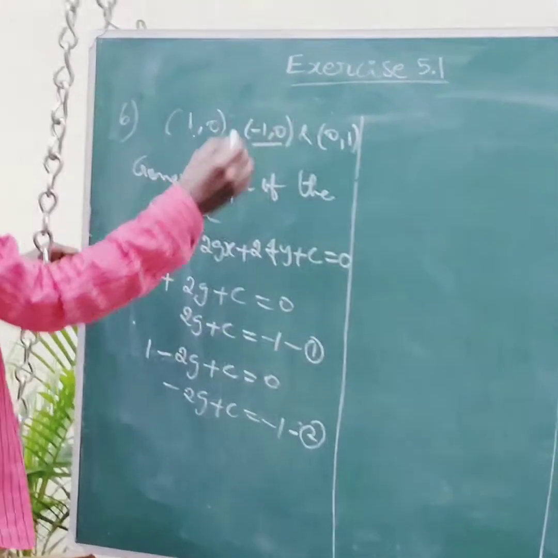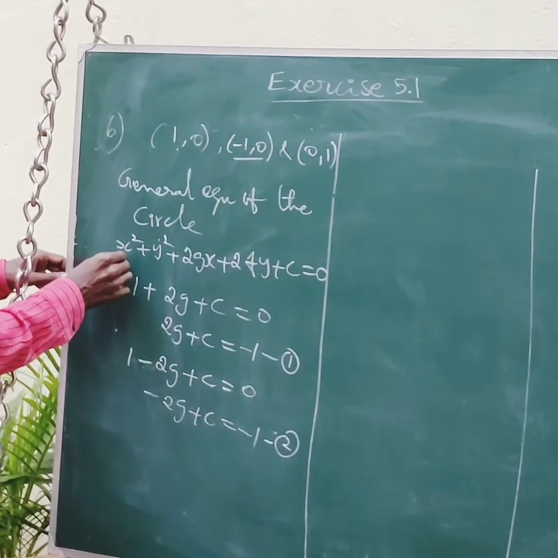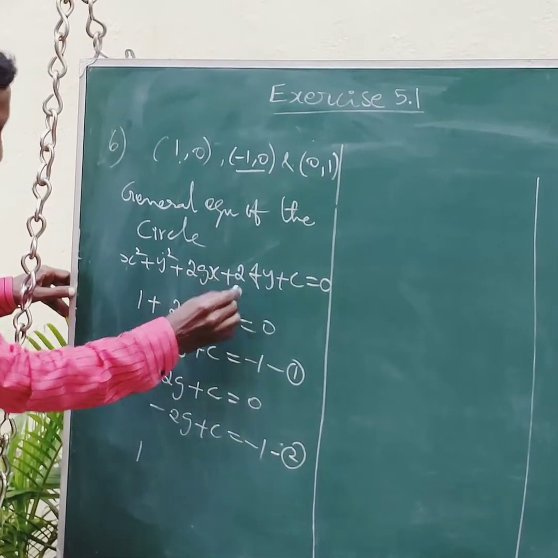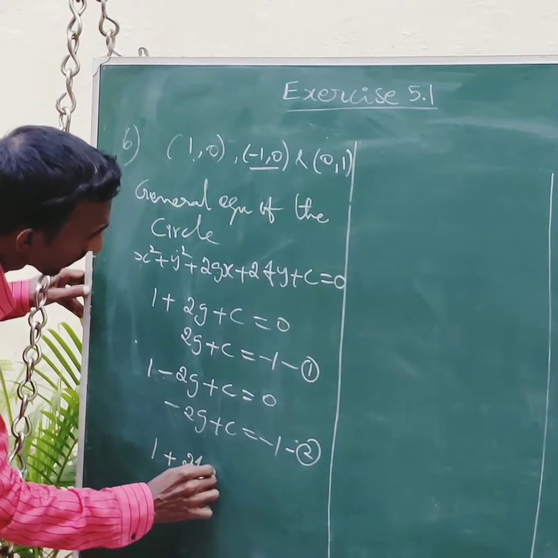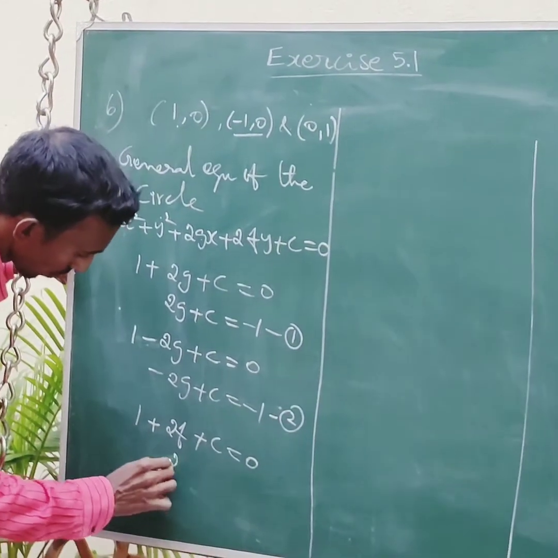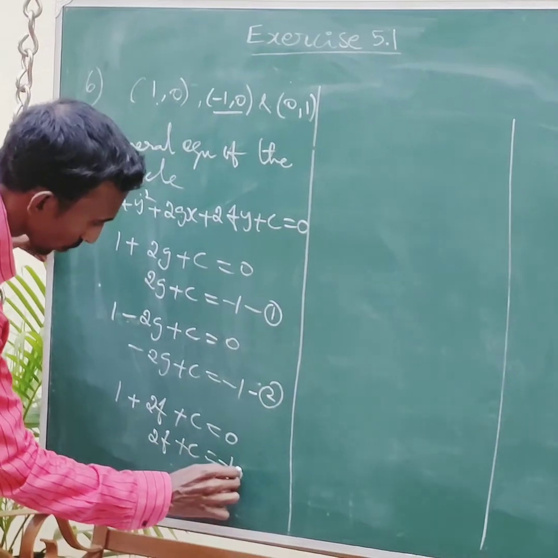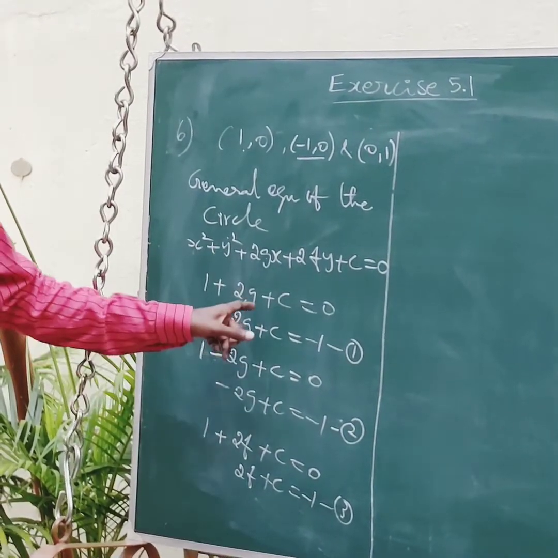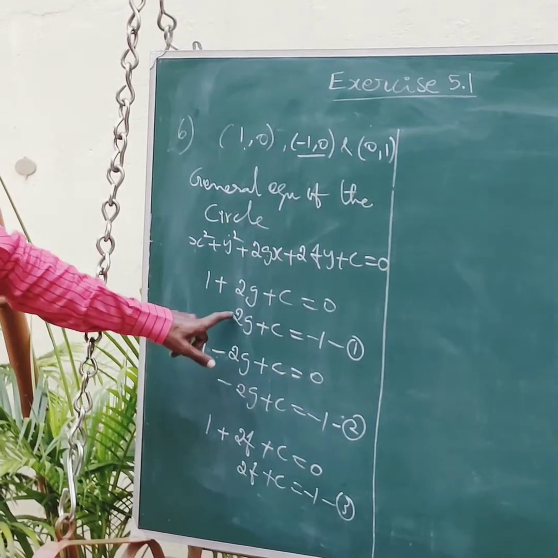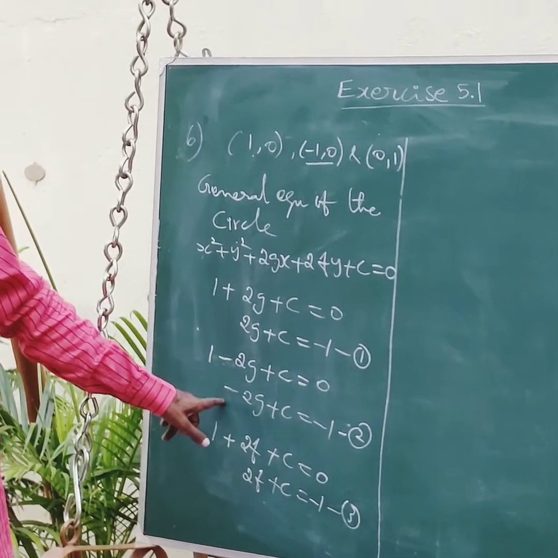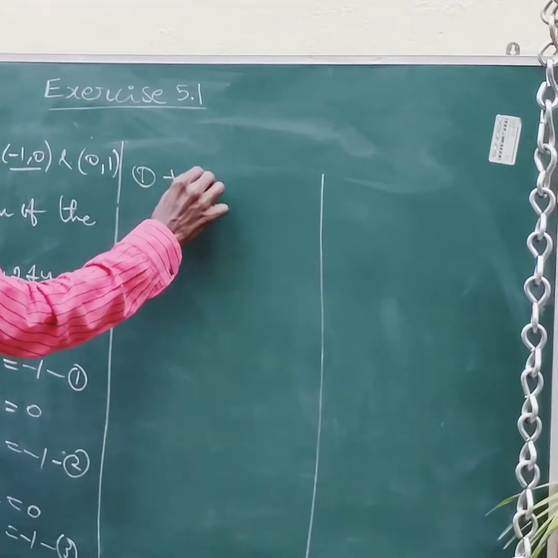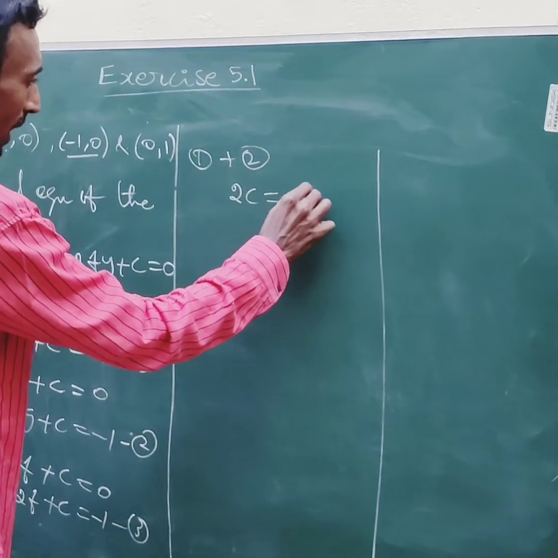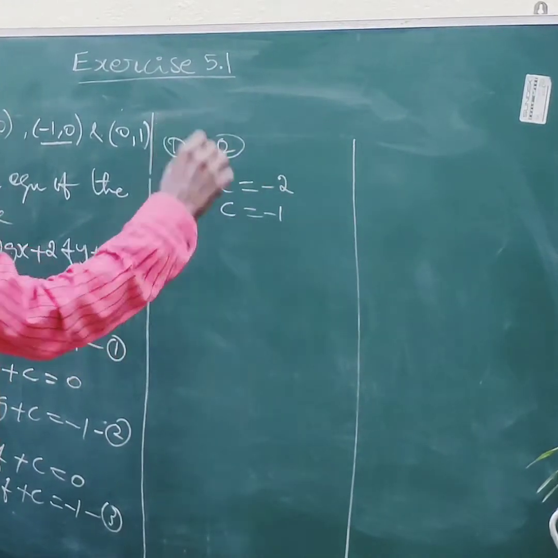Similarly, replace the third point. x equal to 0, the first term becomes 0, the second term becomes 1, so 1 plus 2f plus c equals 0, that is 2f plus c equals minus 1. This is the third equation. Now we have to eliminate these 3 values g, f and c. For that, first sum up equations 1 and 2. We get 2c equals minus 2, so c equals minus 1.